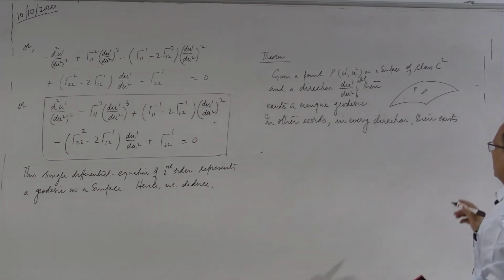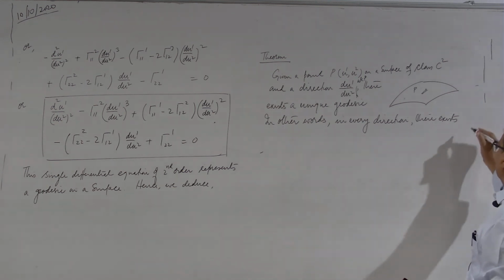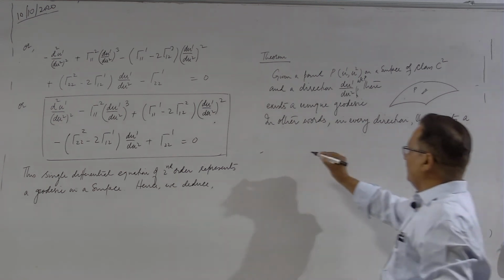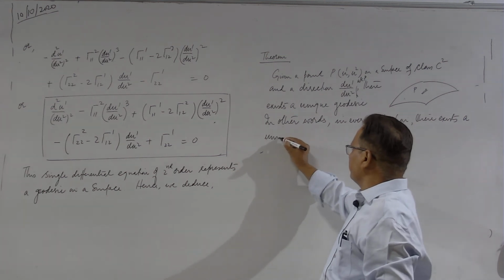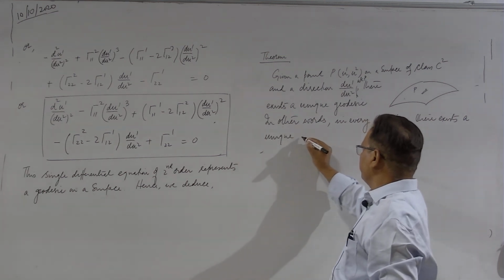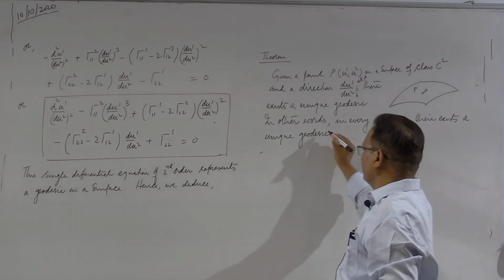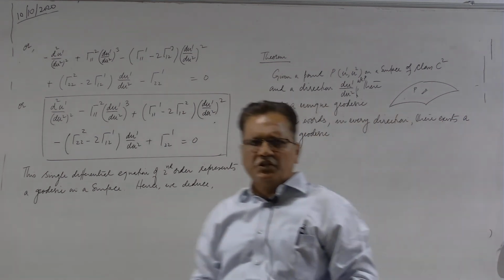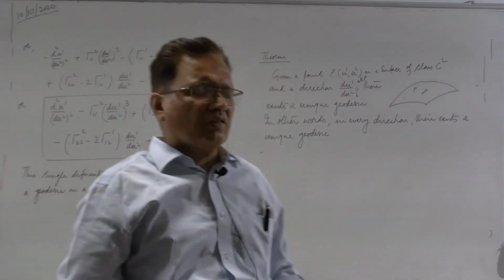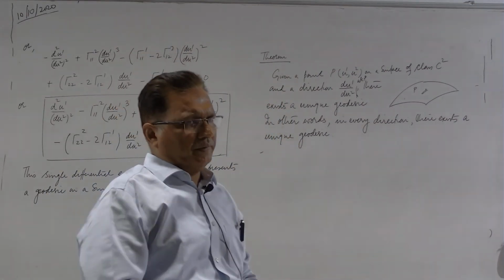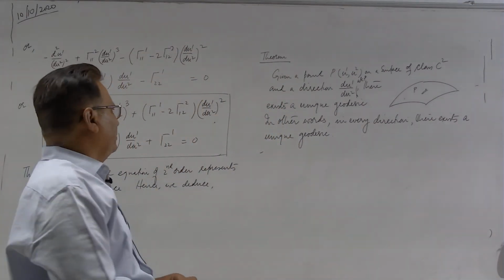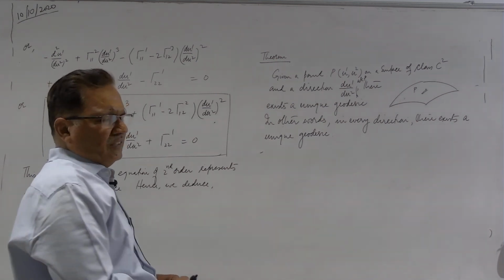In other words, in every direction there exists a unique geodesic. Geodesic is always a curve of shortest distance between 2 points.